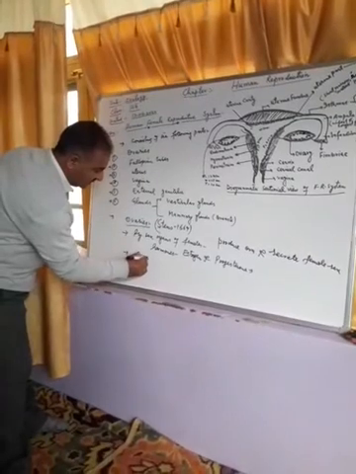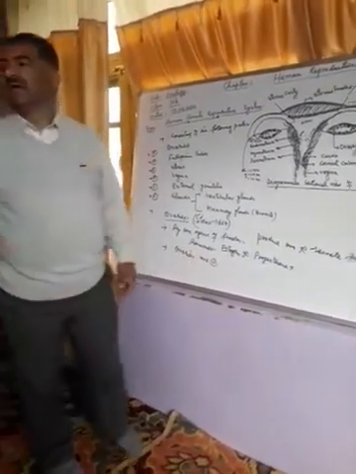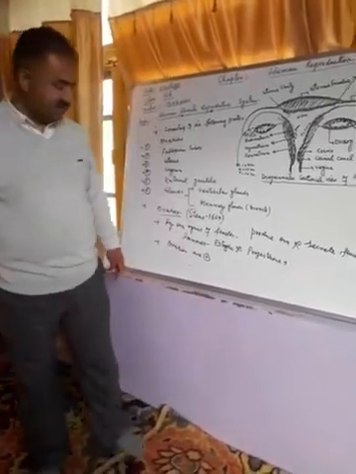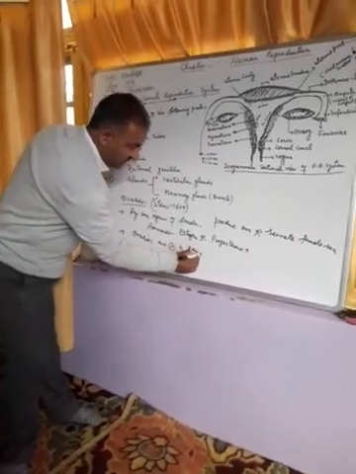Ovaries are two in number, that means a pair of ovaries is there.